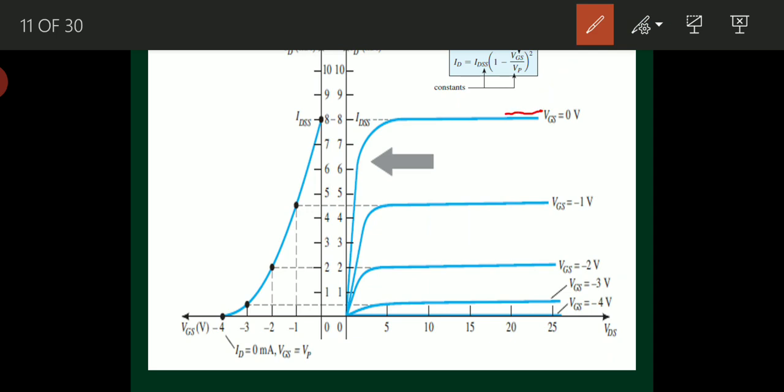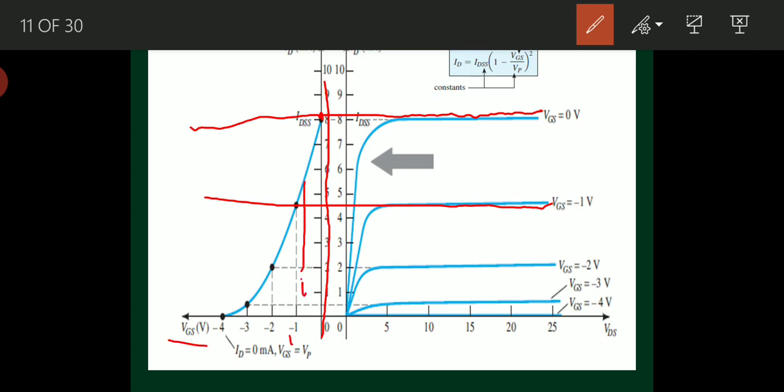Take one horizontal line and one vertical line; they intersect here, so that is the point. When VGS is equal to minus 1 volt, draw a straight line upward and take the intersecting point.